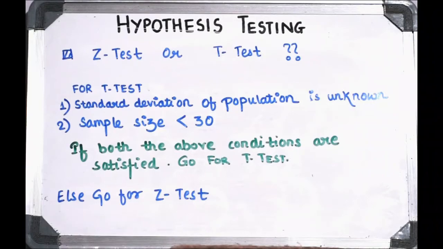Now let me show you a question and let us understand whether we should go for Z-test or T-test for that particular question. Let us understand the conditions. What is the standard deviation of the population? What does the population mean? And what is the sample size and what does it mean?